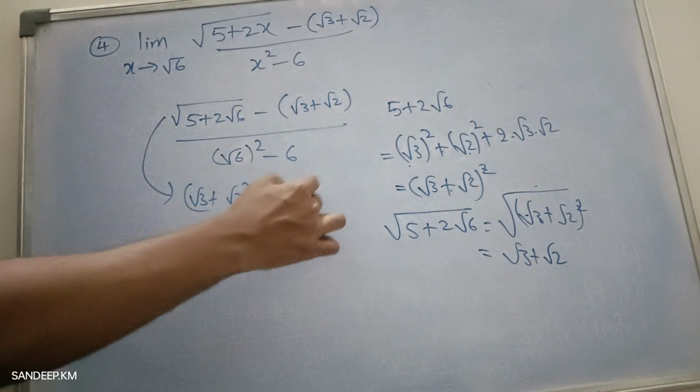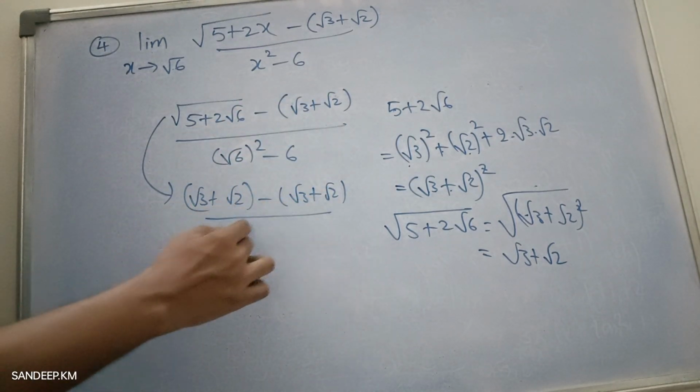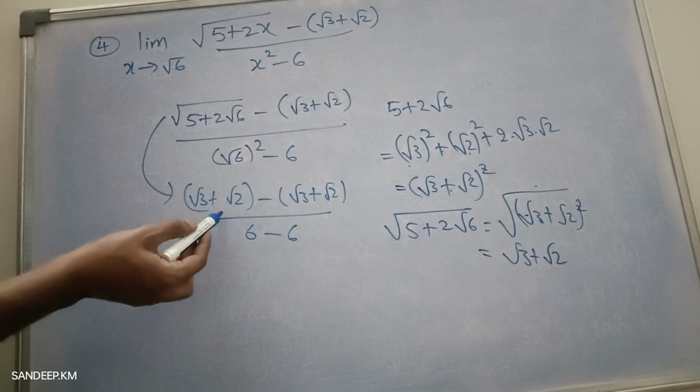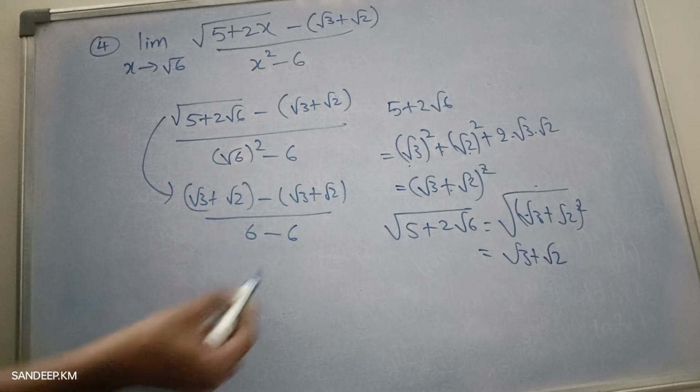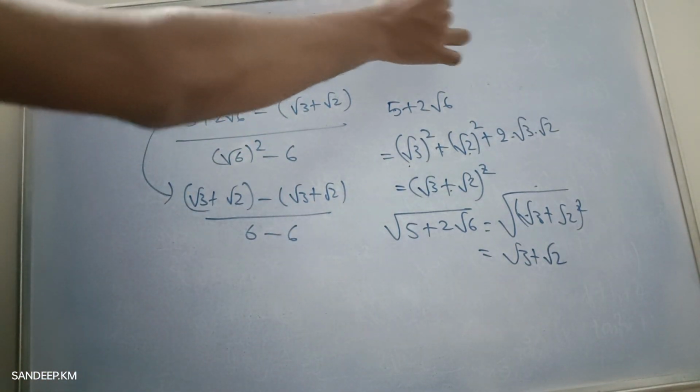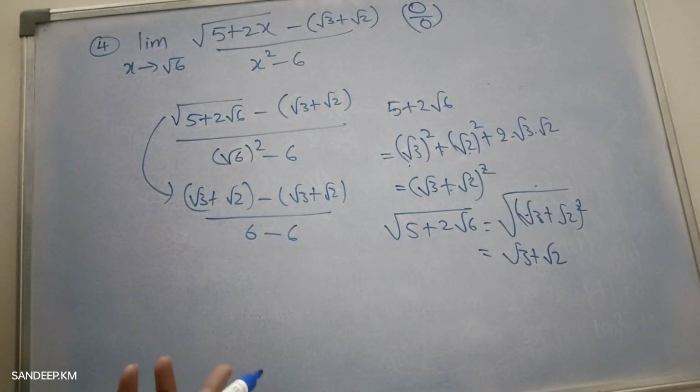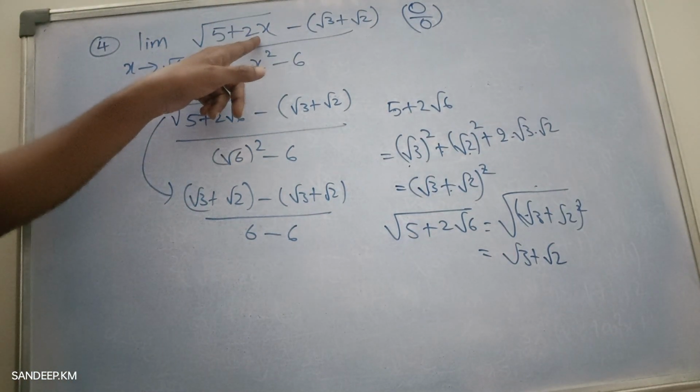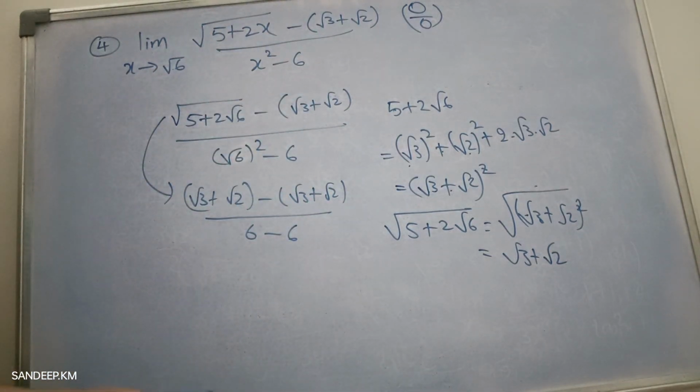Again minus root 3 plus root 2, divided by 6 minus 6. The numerator is approaching 0. The denominator is approaching 0. So this question is again in what form? 0 by 0. So obviously what are we going to do? Let us rationalize the numerator by multiplying the numerator and denominator with its rationalizing factor.